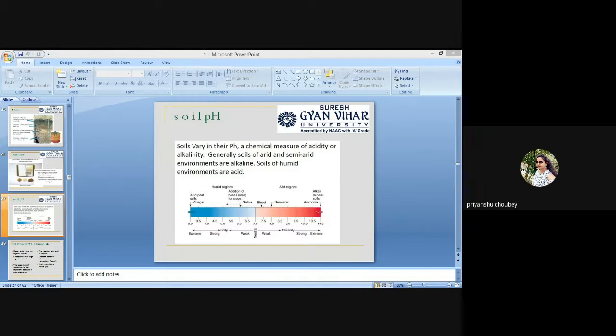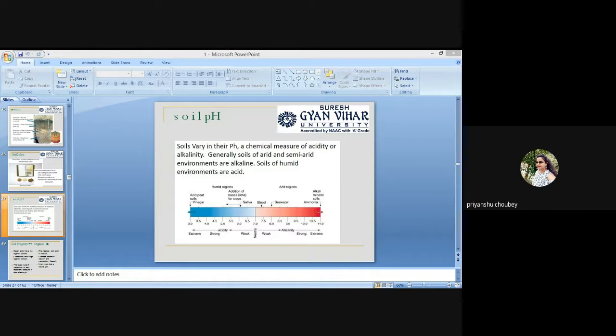This resistance to change is called buffering. Soil behaves like a weak acid that will buffer pH. In acid soil, adsorbed aluminium is in equilibrium with the aluminium in the soil solution.